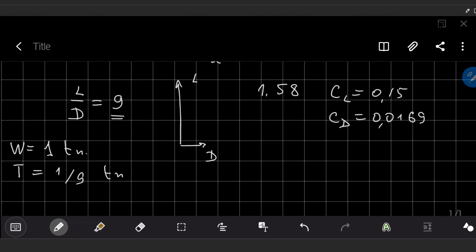So basically 9 times smaller. So the bigger the lift to drag ratio, the less powerful the engine needs to be. It will consume less fuel, probably work longer, and can fly a longer distance. So a bigger lift to drag ratio means a better airplane.